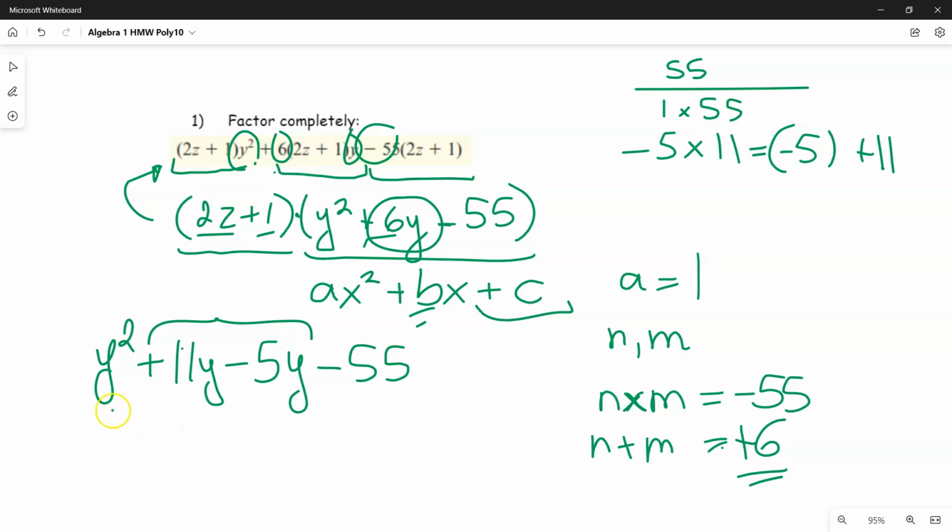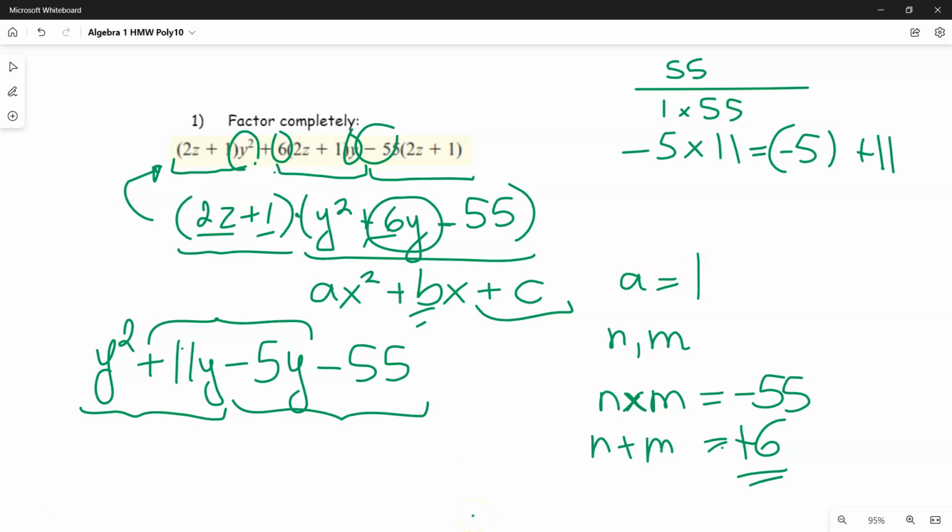So now we have four terms in this polynomial, and we can group two and two terms in order to factor the greatest common factor. We can group these two and these two terms together.